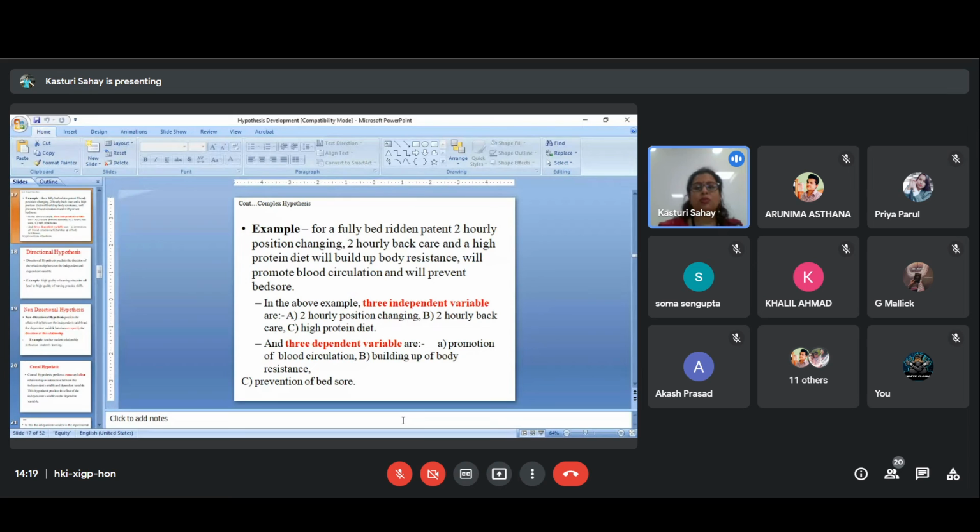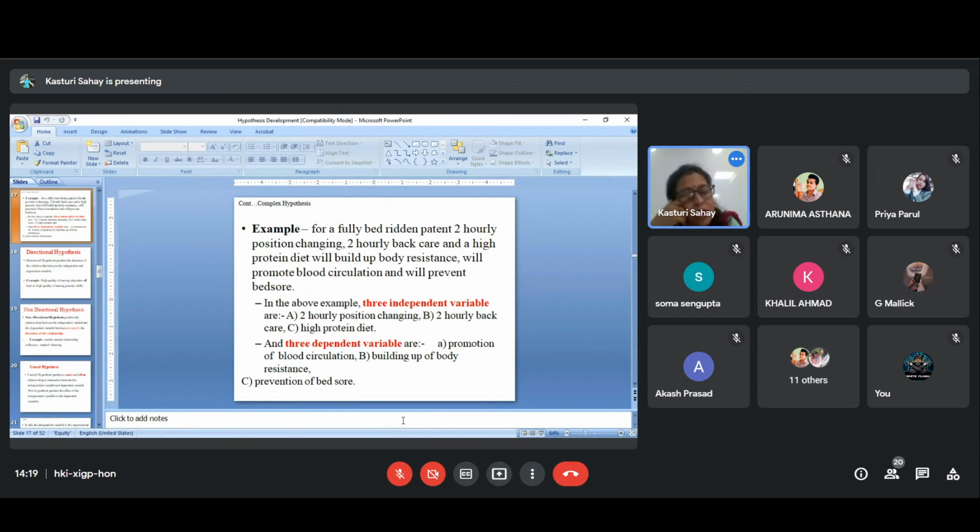So you see, you have 3 independent variables and you have 3 dependent variables. The independent ones are too early position changing, too early back care, and a high protein diet. And your dependent variables are, it will build up your body resistance, it will promote blood circulation, and it will prevent bed sore.